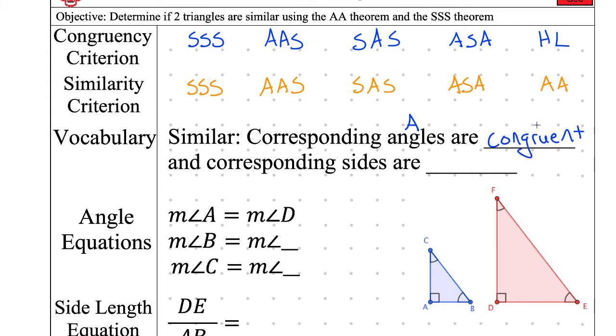So as long as the angles are congruent, that's exactly what it was for congruency. But for similarity, the side lengths, whenever you see the letter S, don't have to be congruent. Obviously, if they're congruent, then they're also similar, because congruent is like a square and similar is kind of like a rectangle. That's a bad analogy. Let's ignore that. But it's a less severe restriction, and they just have to be proportional.